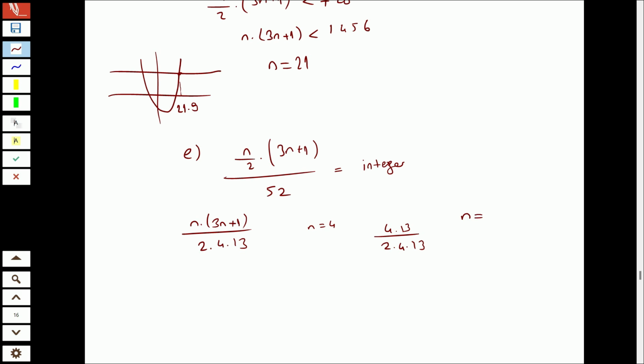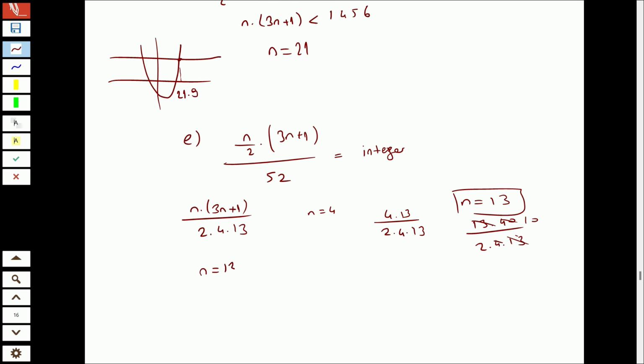You can just choose, for example, 13. In this case, it's going to be 13 times 40 divided by 2 times 4 times 13, right? So you can see from here, if we choose n as 13, it's divisible by 52, right? So n can be a minimum of 13.